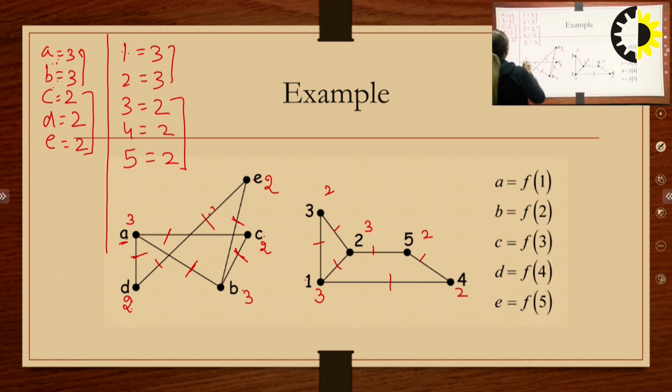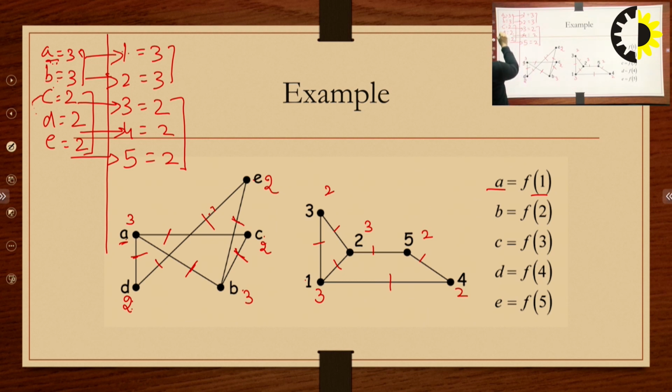Now let's say we map A with 1, B with 2, C with 3, D with 4 and E with 5, right?